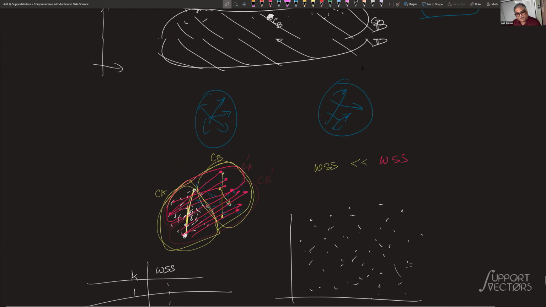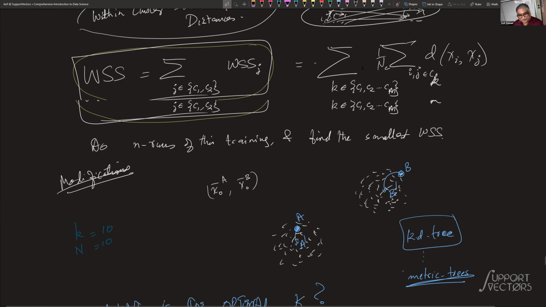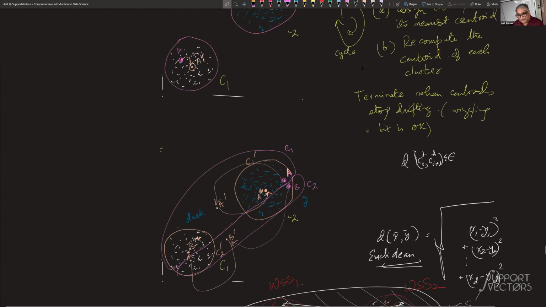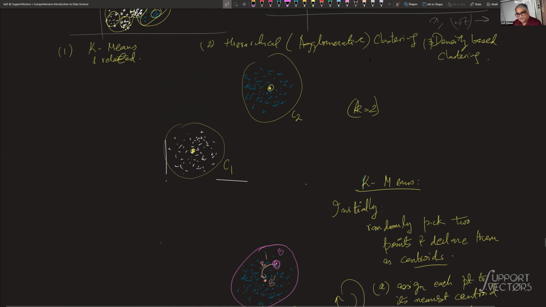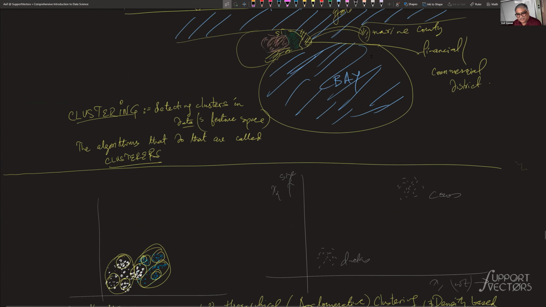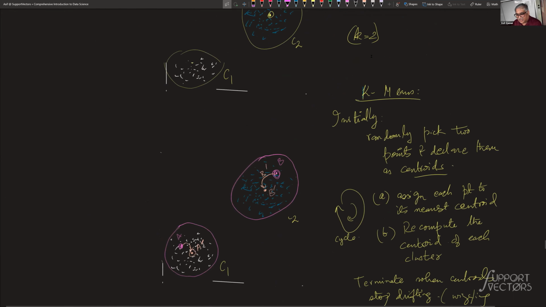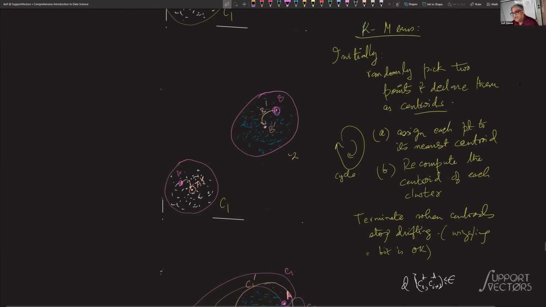Now, going back to what we were talking about last time, once you have framed the problem as I have a distance measure, and the number of clusters that we need to find is fixed, then it is straightforward. We use this process of iteratively finding it: randomly pick, let's say k is equal to 2, randomly pick 2 points and declare them to be centroids.